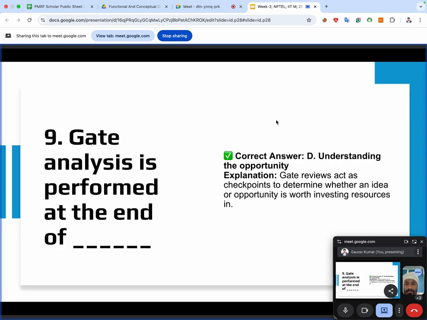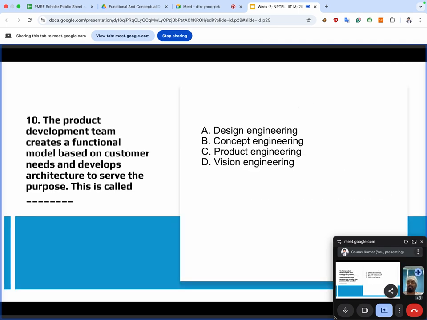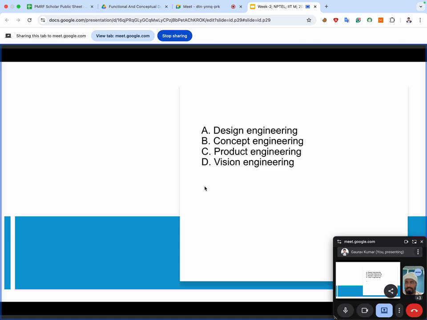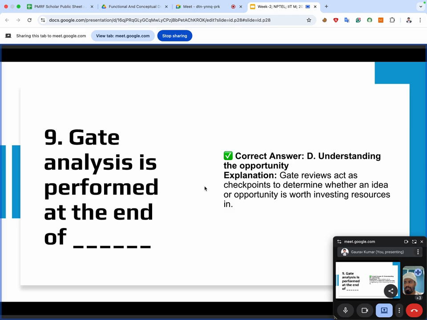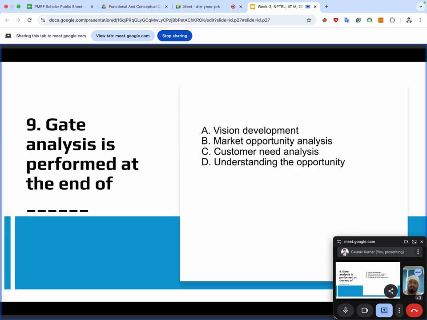Next one is question number 9. Gate analysis is performed at the end of. Please answer. Question number 9.